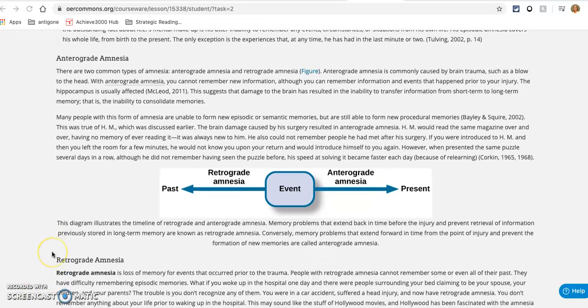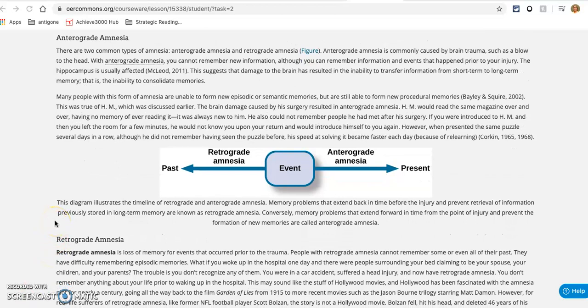Moving down to this last paragraph, this diagram illustrates the timeline of retrograde and anterograde amnesia. Memory problems that extend back in time before the injury and prevent retrieval of information previously stored in long-term memory are known as retrograde amnesia. Conversely, memory problems that extend forward in time from the point of injury and prevent the formation of new memories are called anterograde.